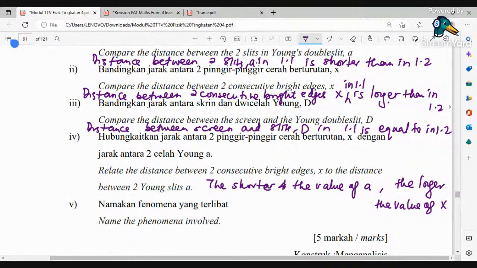If you want to write fully also can, like the shorter the distance between two slits, the longer the distance between two consecutive bright fringes. Okay, same thing. Name the phenomena involved.